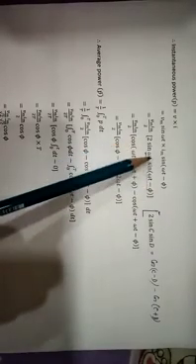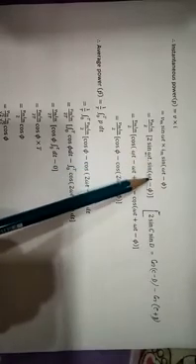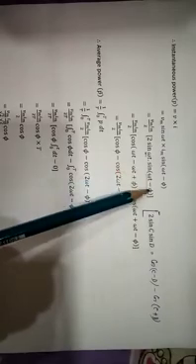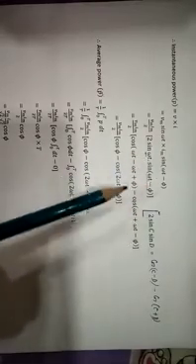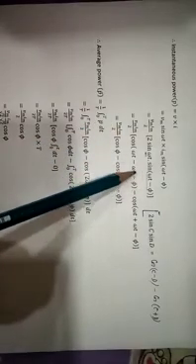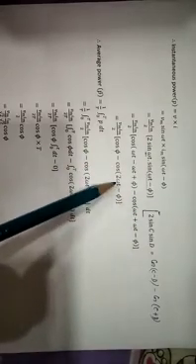So C minus D will be omega t minus omega t plus phi, which gives cos phi, and minus cos(C plus D), where C plus D is omega t plus omega t minus phi. So cos phi part remains the same, and this will be minus cos(2 omega t minus phi).